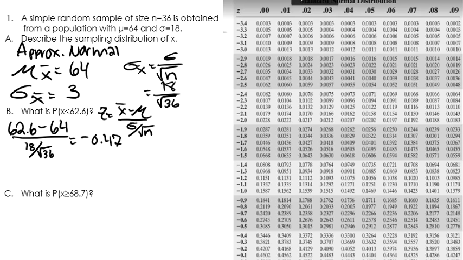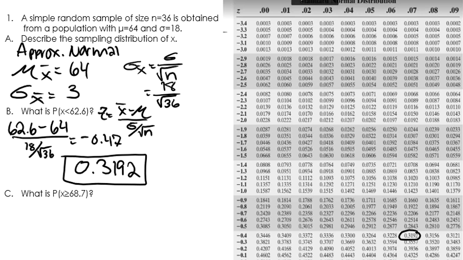All we have to do is look at our standard normal table to the right to find the proportion of 0.3192, which corresponds to the z-score of negative 0.47. And this is our answer.